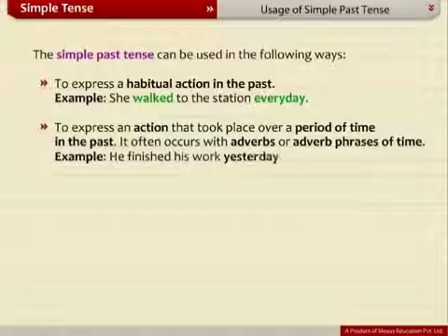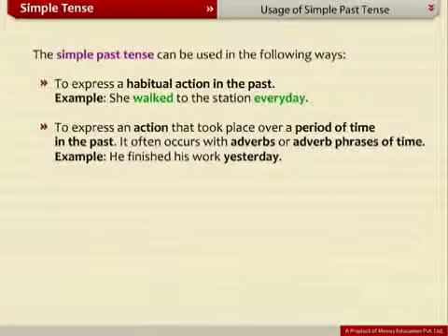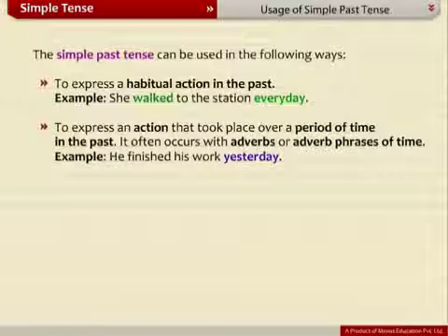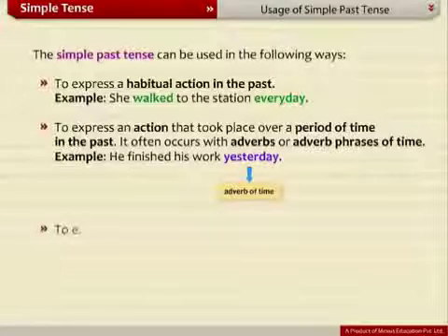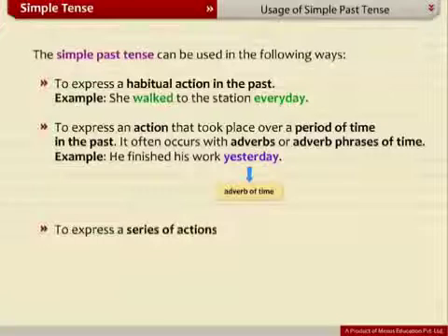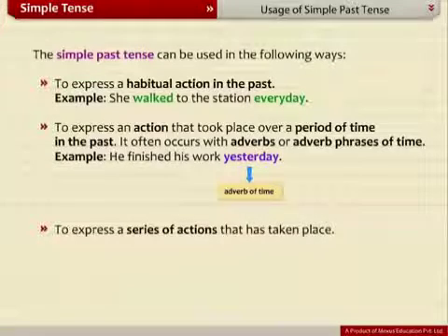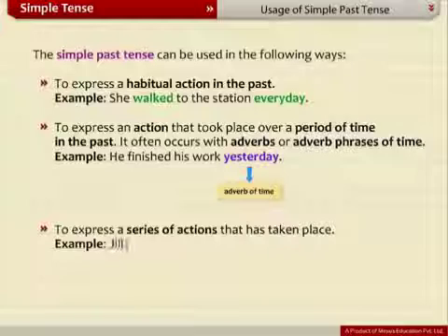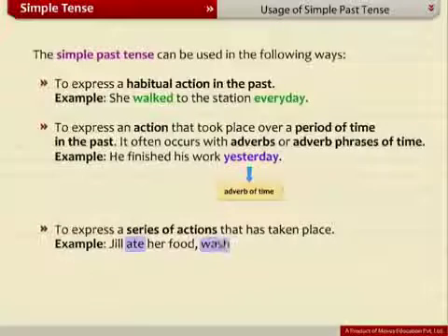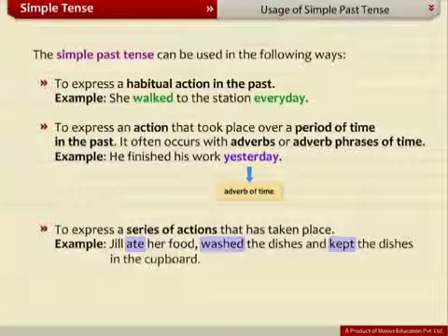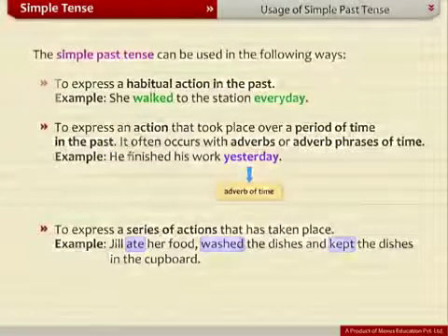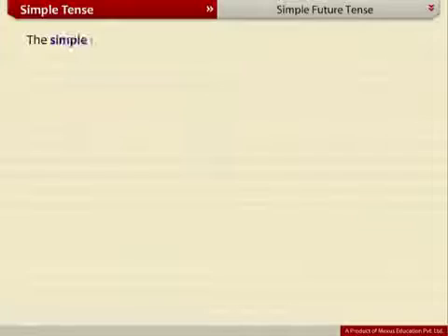For example, he finished his work yesterday. Yesterday is the adverb of time here. To express a series of actions that have taken place. For example, Jill ate her food, washed the dishes, and kept the dishes in the cupboard.